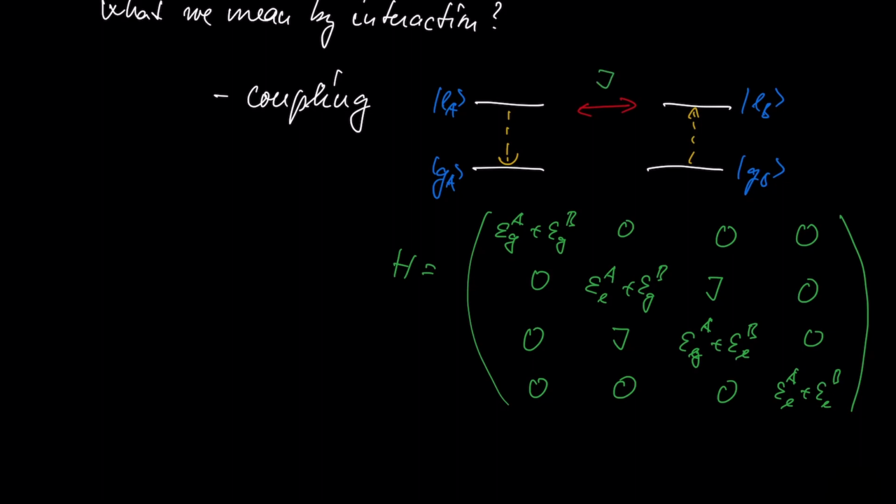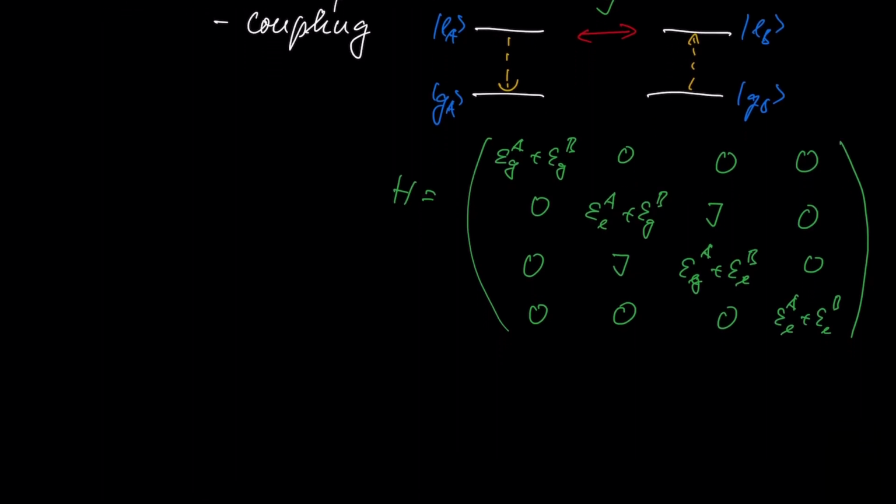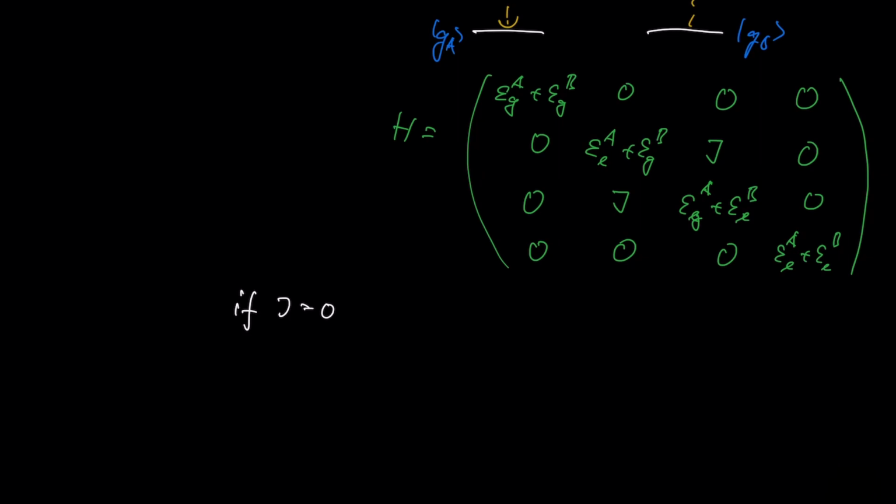So we have a Hamiltonian which is now not diagonal in the basis of states that we have used before. It is not diagonal, and the J here will be in general considered non-zero. But let's say, because that situation we already know, so what happens if J is equal 0? Then we have molecules A and B independent. As they are independent, they can be described by collective states, but all the cross terms like cross peaks and so on will be 0.